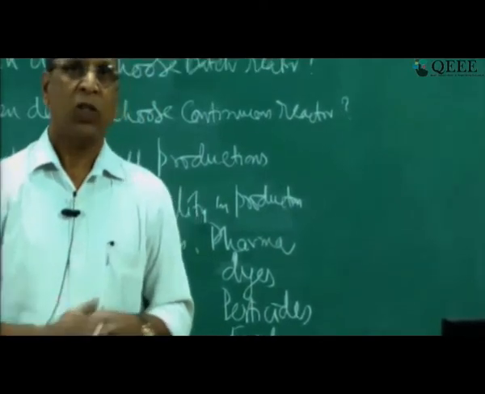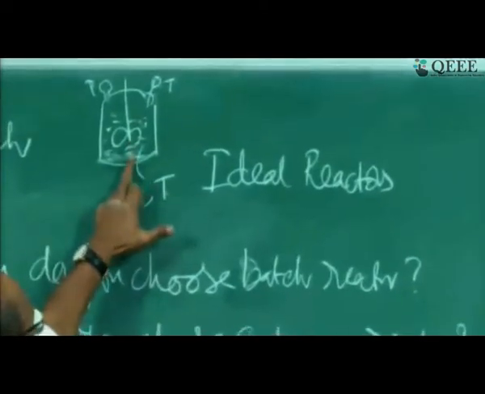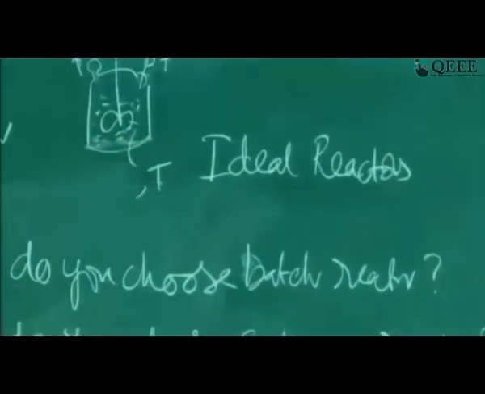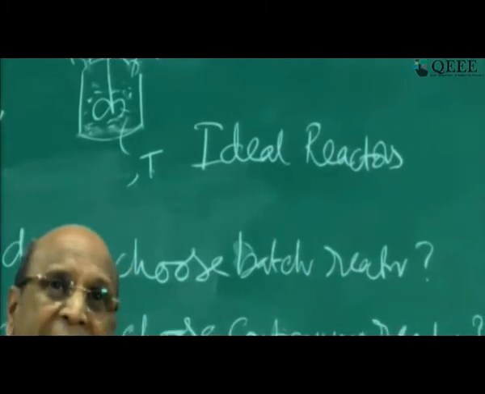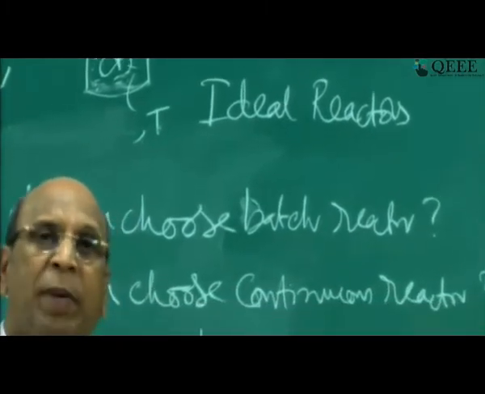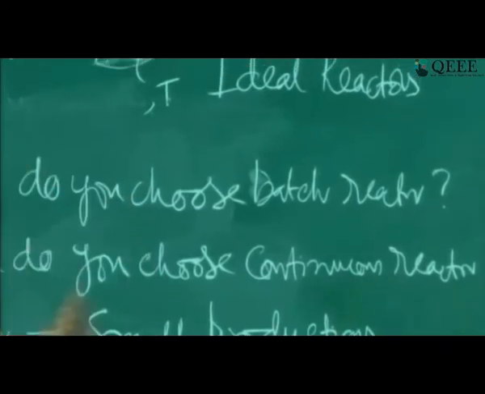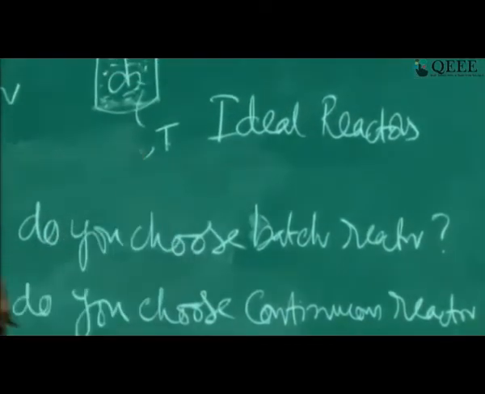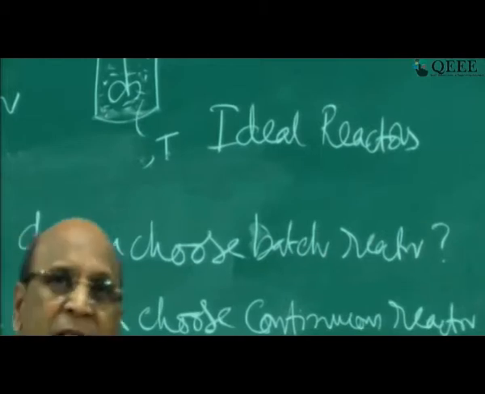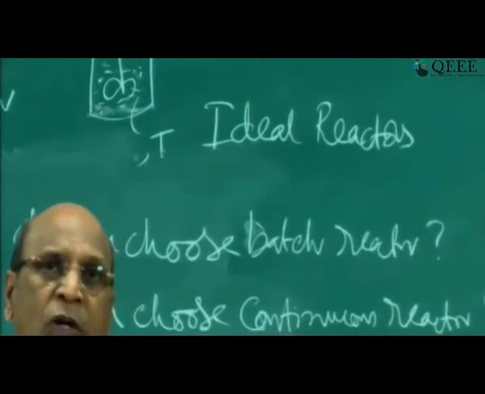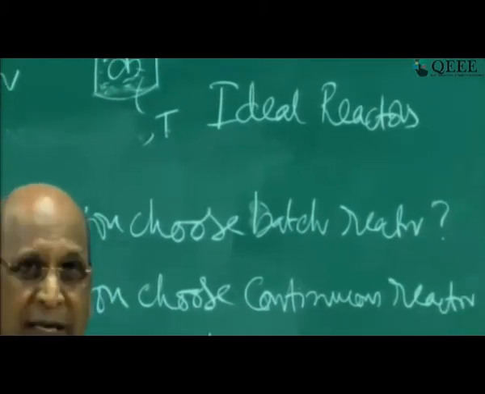Good? Yeah. So now again I am repeating. We have the ideal batch reactor as the reactor where at any instant of time the concentration and temperature are uniform throughout the reactor. The reason we are assuming that ideality is to write the material balance very easily, which I will also let you know once more later. Good. So now the question is, when do we use batch reactors? Batch reactors are used normally for small production rates.